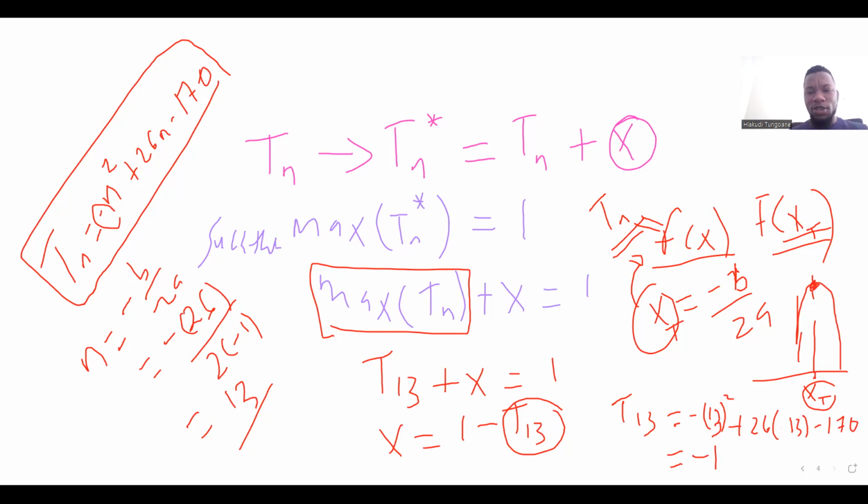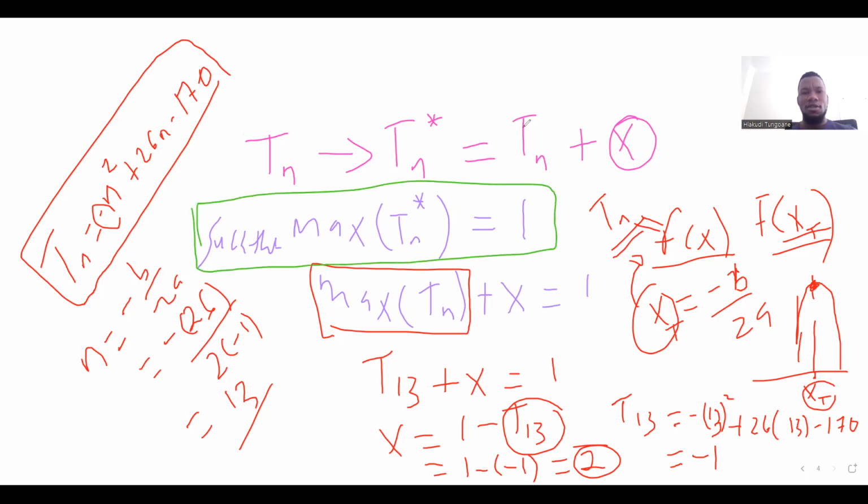So if we substitute here, x is going to be 1 minus minus 1, and that equals 2. So if we add x equals 2 into our original sequence, that will make sure that this condition is met.